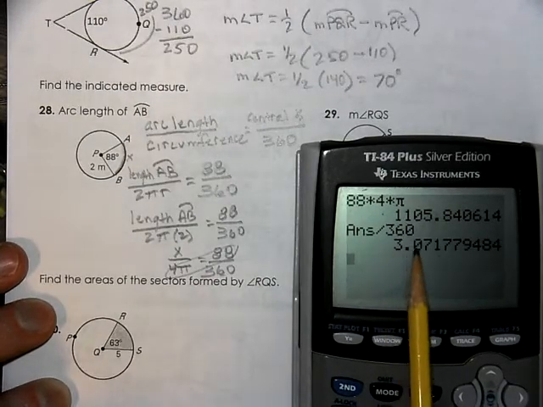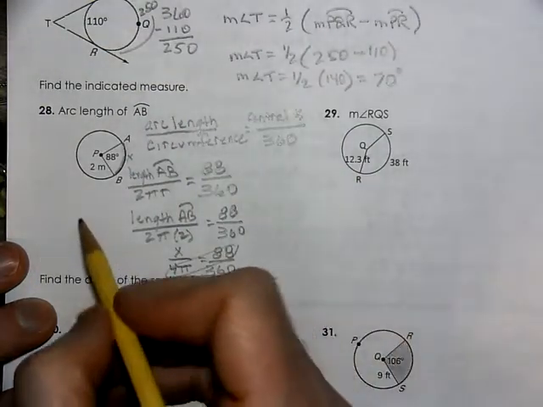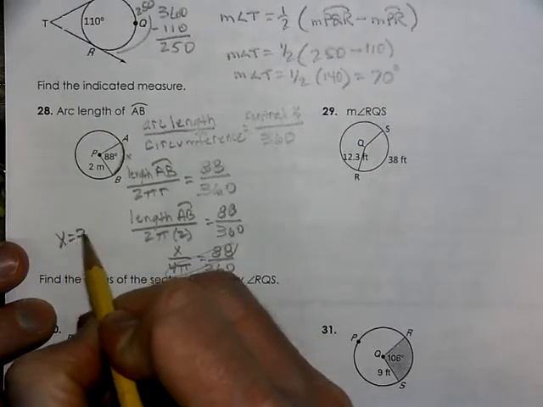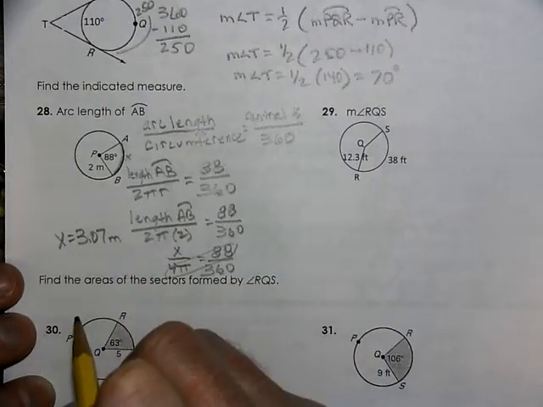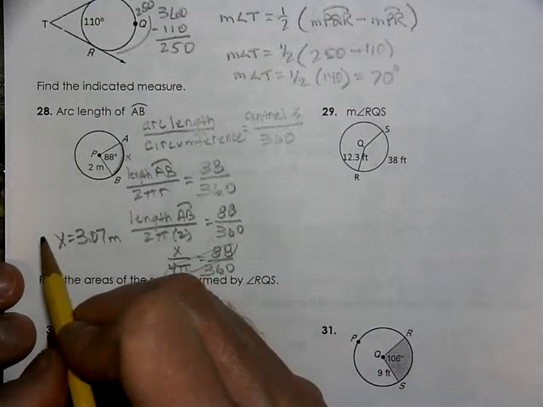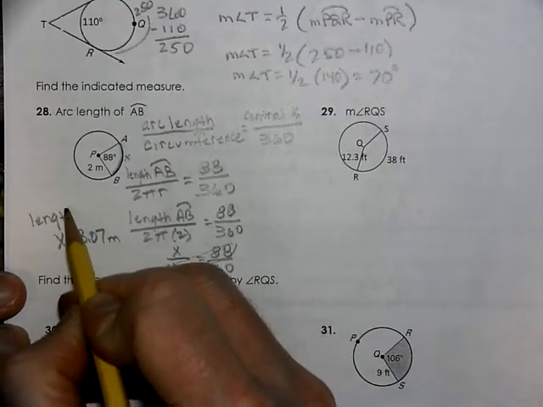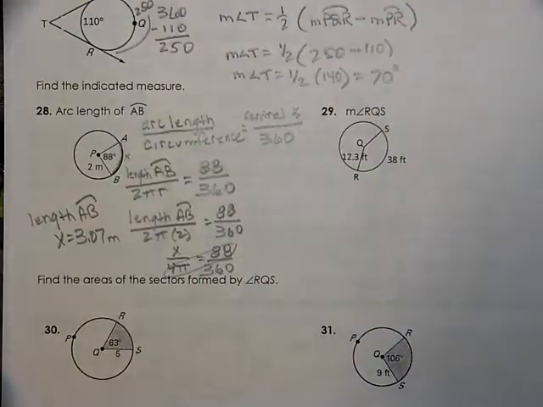So we're going to get 3.07. Okay, so that is the length of AB.